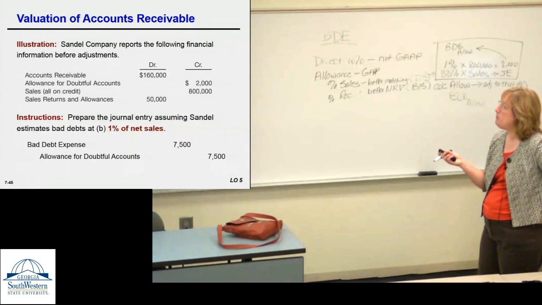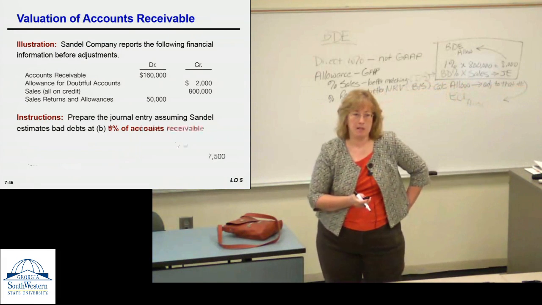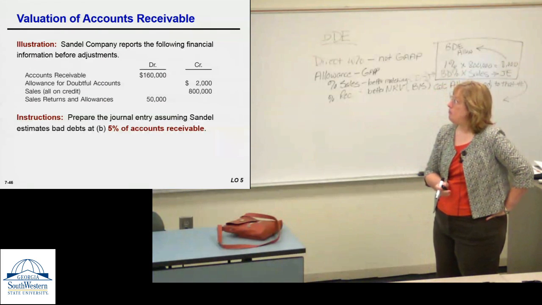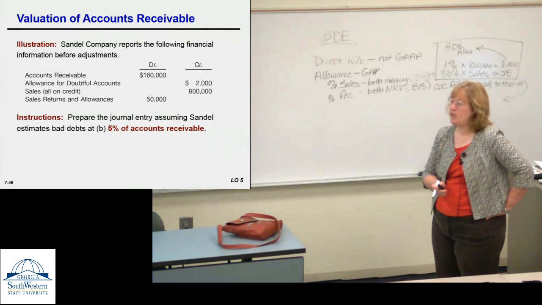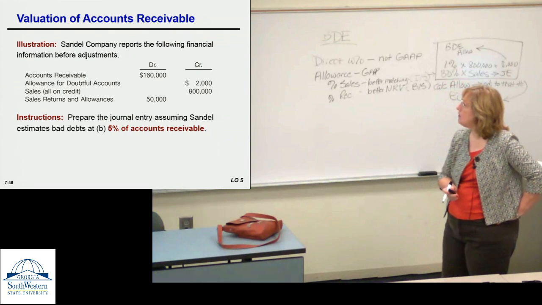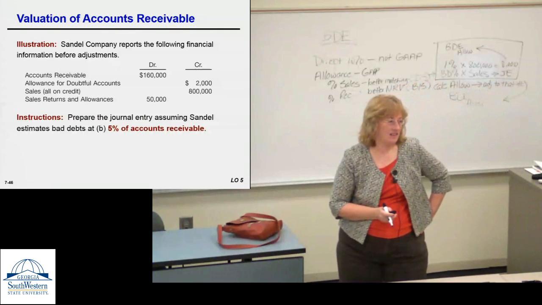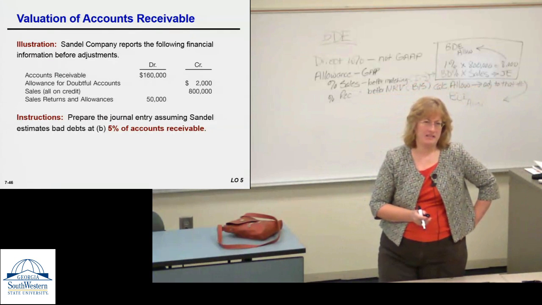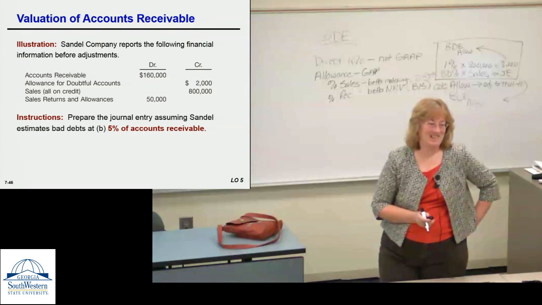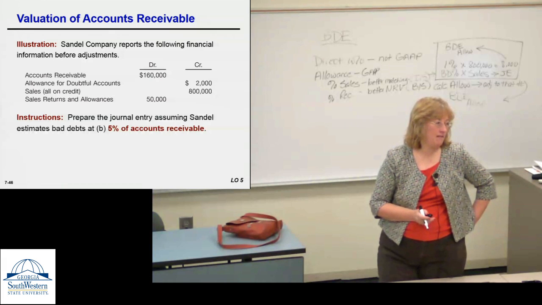Now prepare the journal entry assuming that bad debt expense is supposed to be 5% of accounts receivable. So what is 5% of accounts receivable? You got it, Jeremy? No?